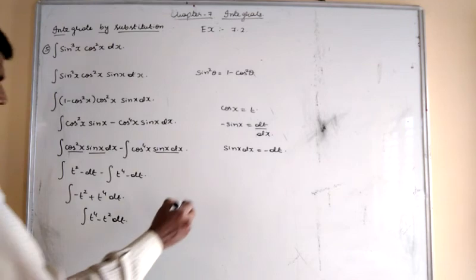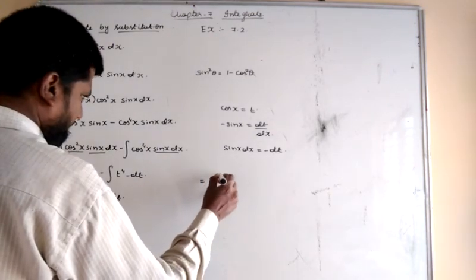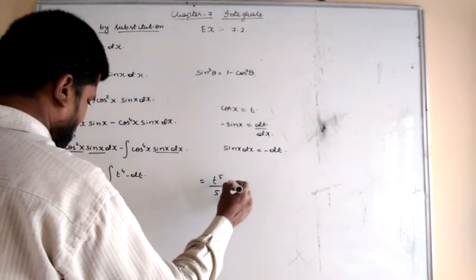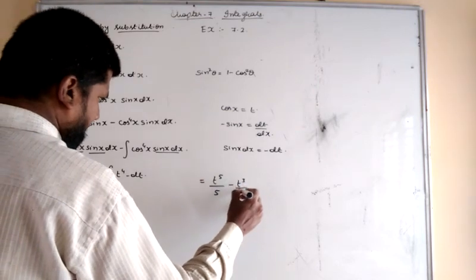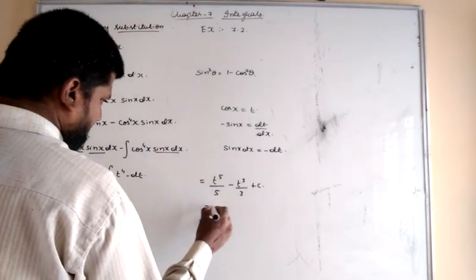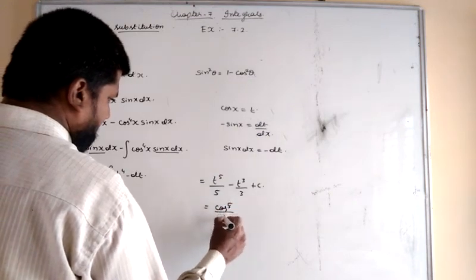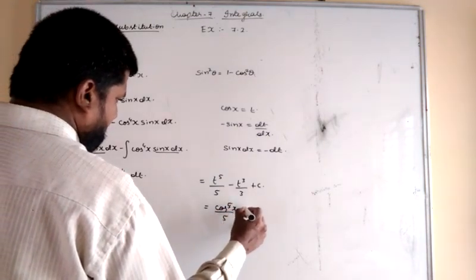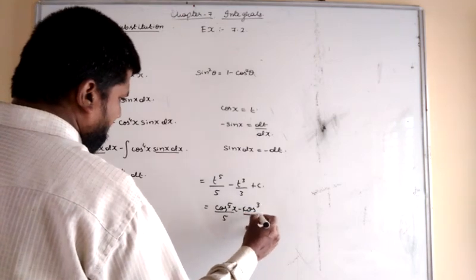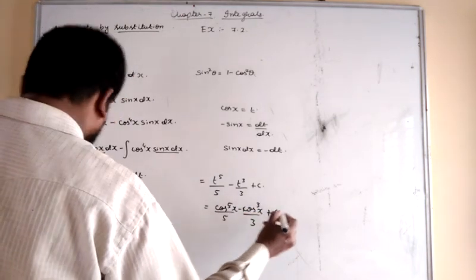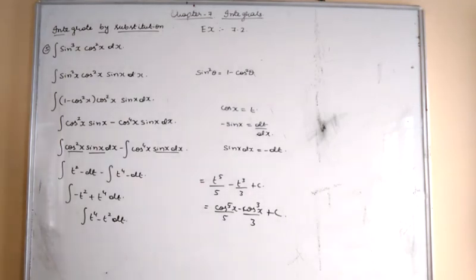If you integrate, then t to the power of 5 by 5 minus t to the power of 3 by 3 plus c. Then the t value is cos to the power of 5 x by 5 minus cos to the power of 3 x by 3 plus c. Okay, take down the problem.